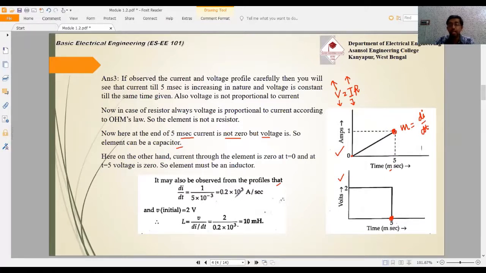So di/dt equals 0.2 into 10 to the power 3 ampere per second, and the initial voltage you can calculate, as you already know, that V equals L into di/dt. So di/dt you already know, so easily you can calculate the value of L. So ultimately the element is an inductor. Okay.